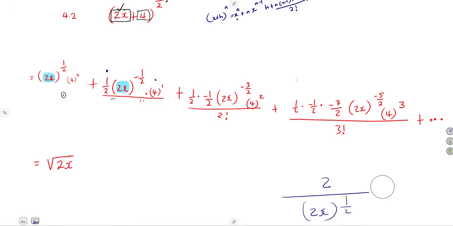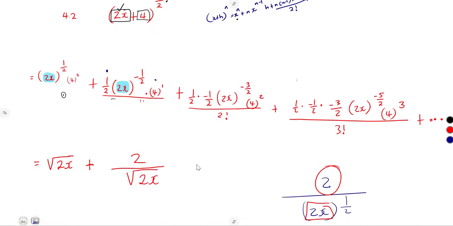So later on, we can have our final answer as plus 2 over, remember, to the exponent of a half is the square root, so the square root of 2x. We must have our answers in simplest form.